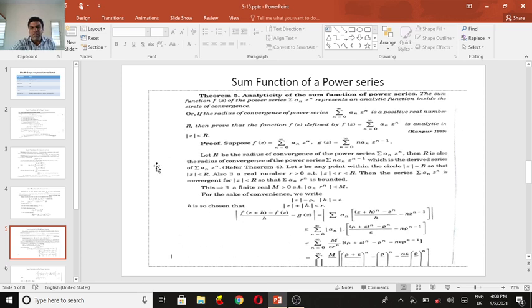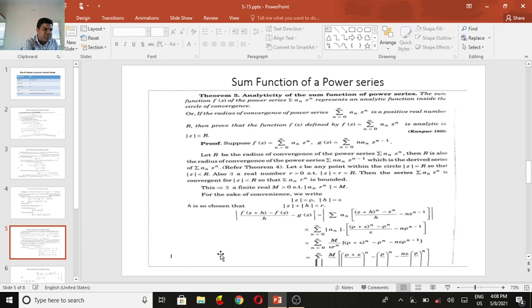So we come to the definition of the derivative. Take the absolute value of (f(z+h) - f(z))/h - g(z). This equals the absolute value of summation a_n of ((z+h)^n - z^n)/h - n z^(n-1).